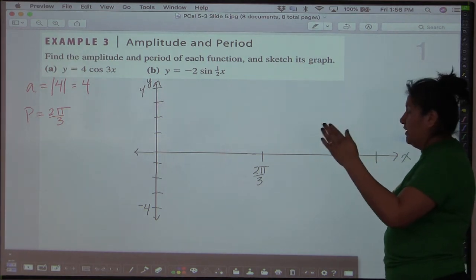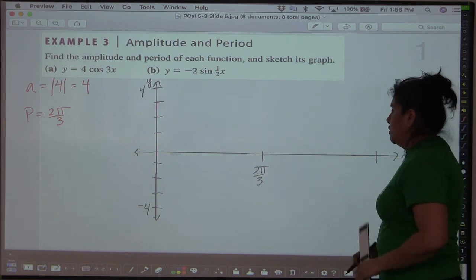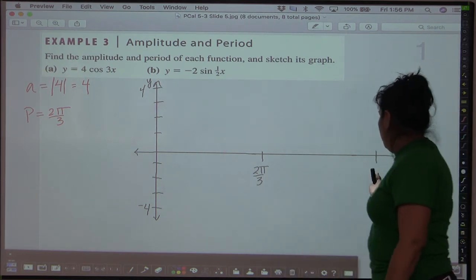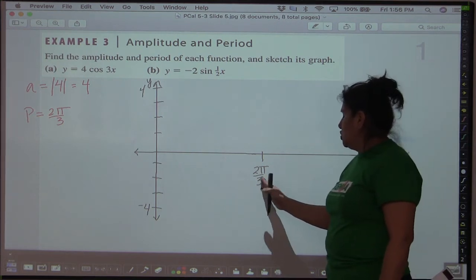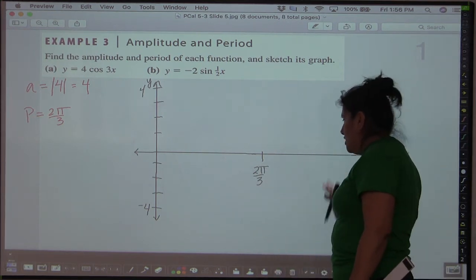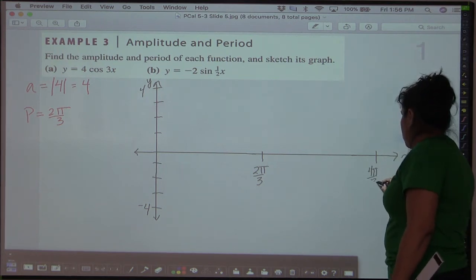So now it's going to finish its cycle sooner. Okay? So now that means that I can't put 4 pi over here. I have to double this. So I have to take the 2 pi over 3 and then add another 2 pi over 3, which would then be 4 pi over 3.